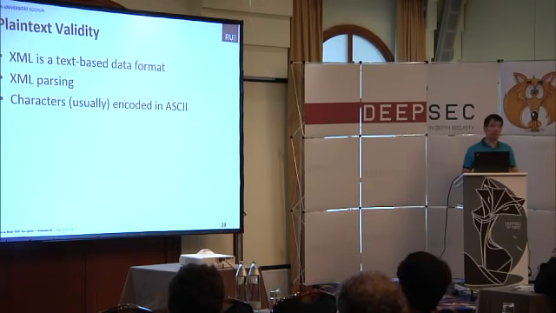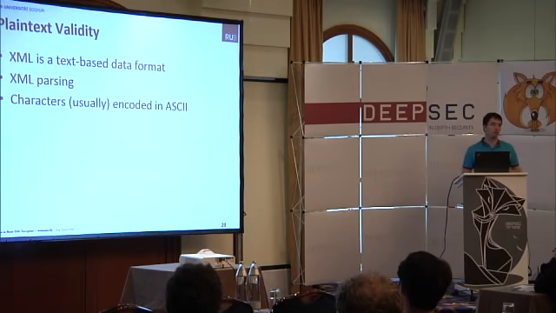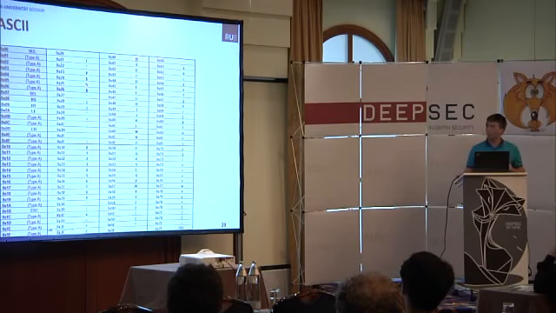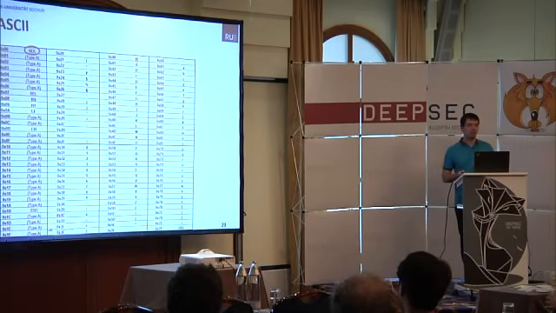And the characters that are included in the XML are usually encoded using some standard, and they are usually encoded in ASCII. Everybody of you probably heard about ASCII. ASCII is a standard which consists of 128 characters or symbols. And this ASCII table contains some specific symbols.